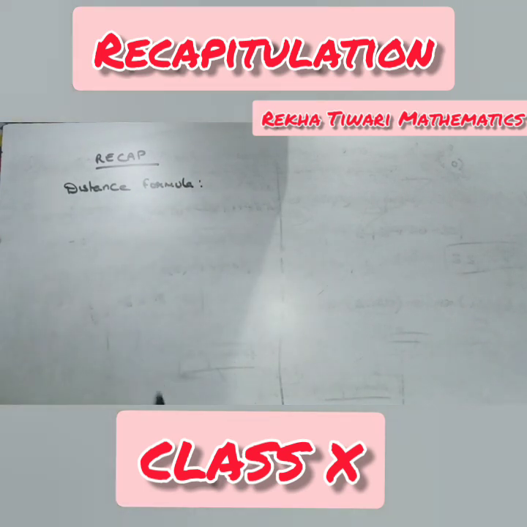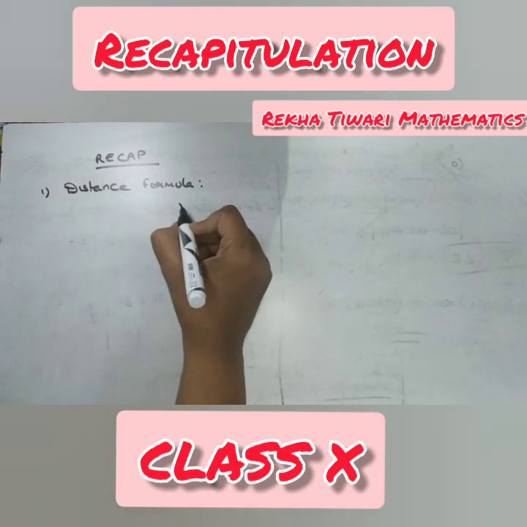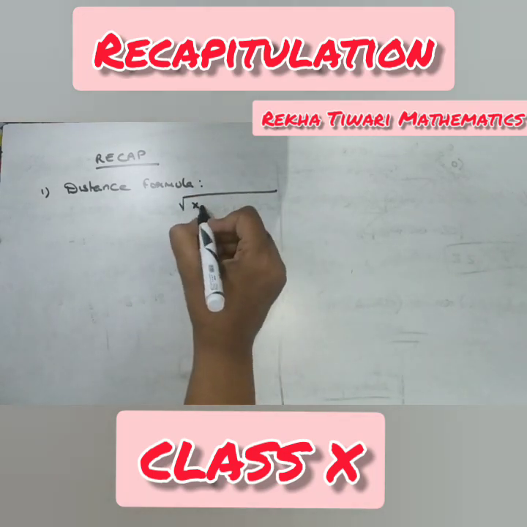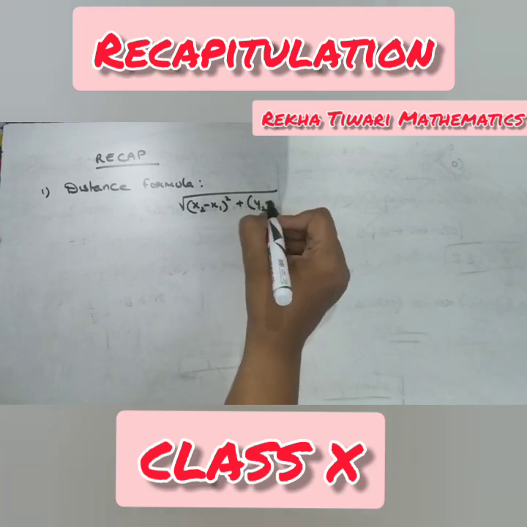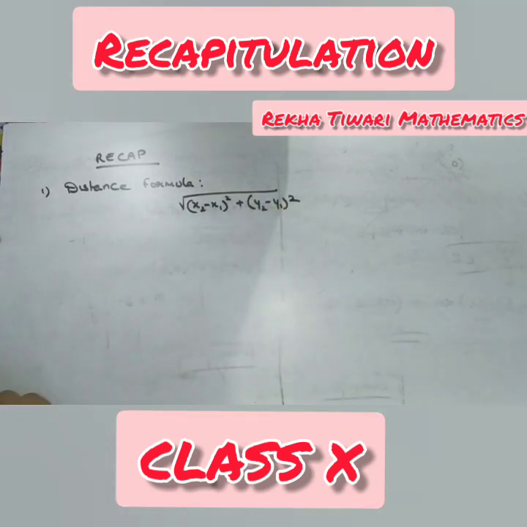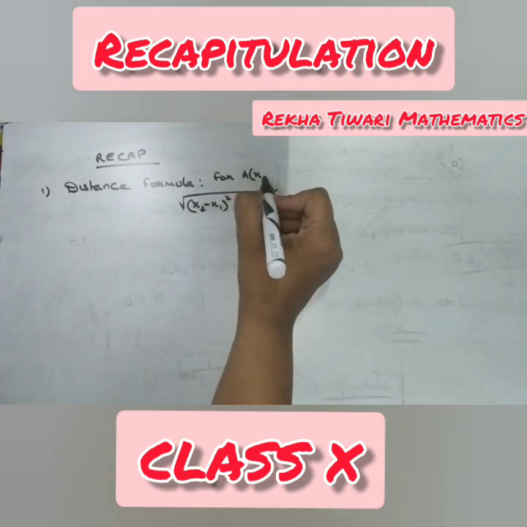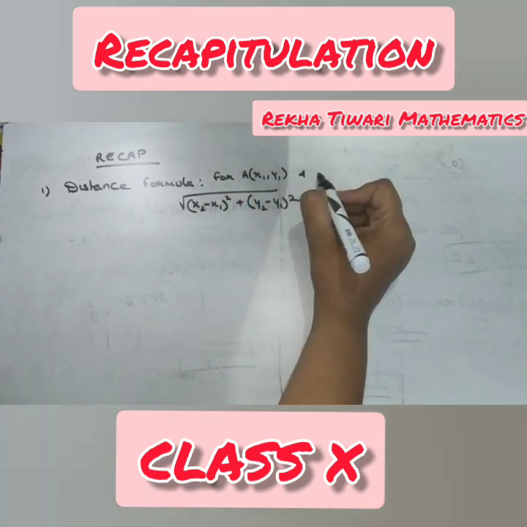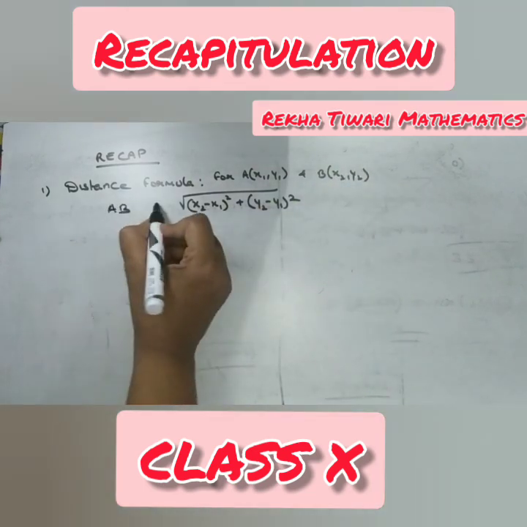Distance formula is used to find out the distance between any 2 points in the plane. And the distance formula is root of (x2 minus x1) whole square plus (y2 minus y1) whole square. For A (x1, y1) and B (x2, y2), AB is equal to this thing.